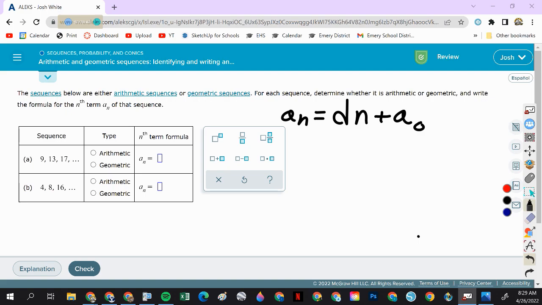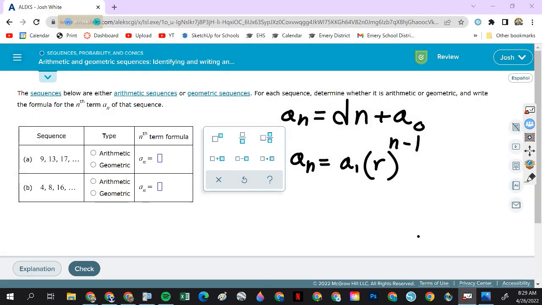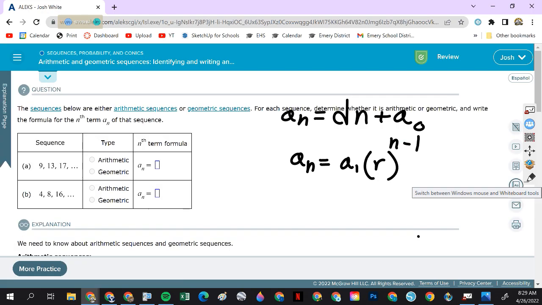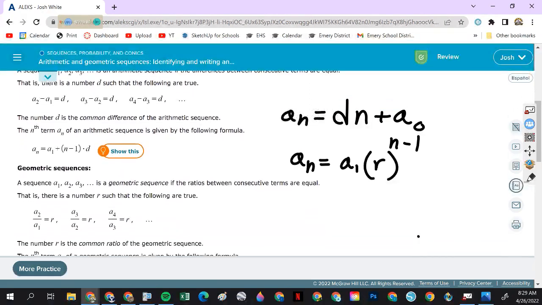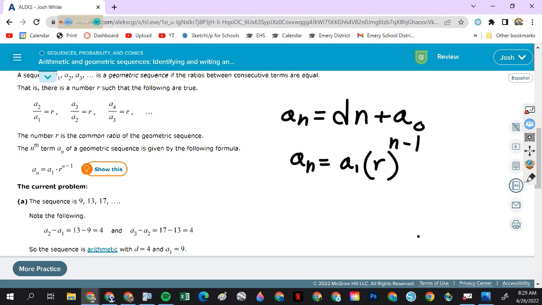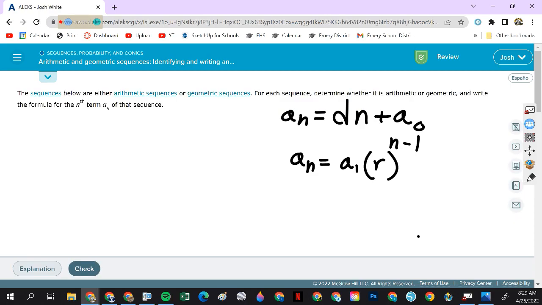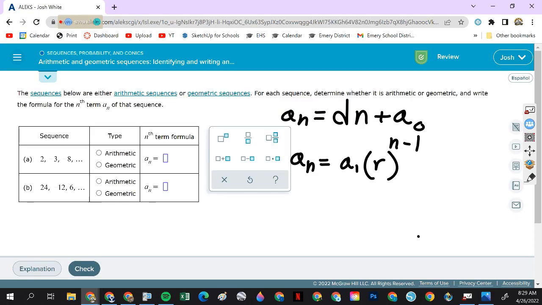For the geometric formulas, we're going to make it a little bit different. We're going to say a sub n equals a sub 1 times r raised to the n minus 1. I think that's the way they should do it. Let's see if they change their format. Okay, good. So those formulas are up on the posters above my desk.